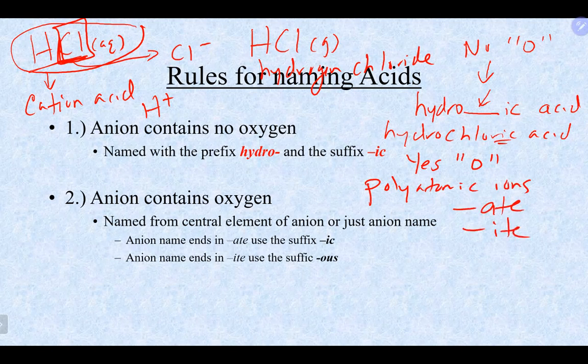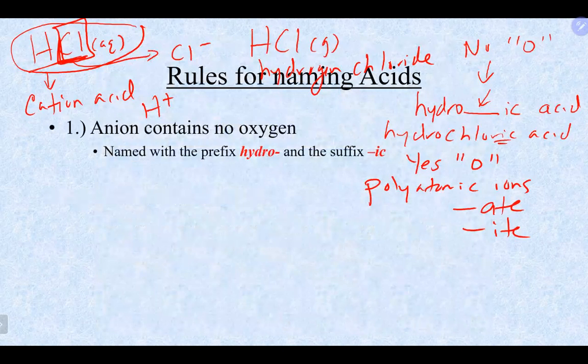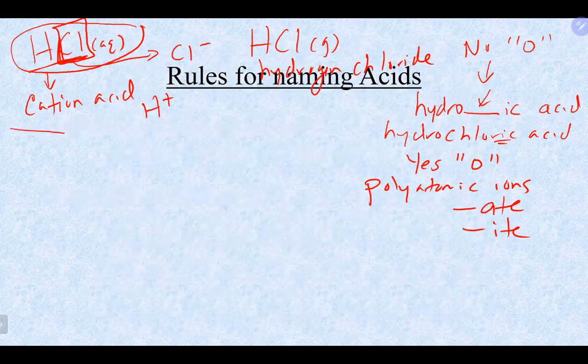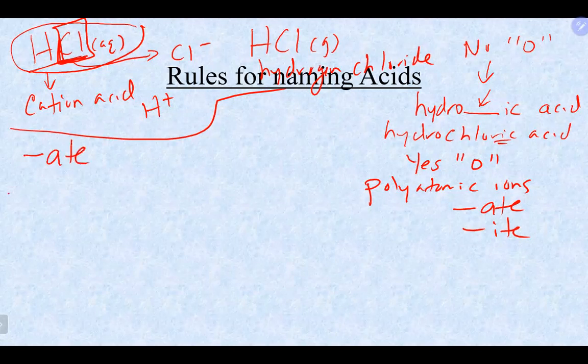If our polyatomic ion ends in ate, the acid name will be something ic acid. If our polyatomic ion ends in ite, the acid name will be something OUS acid.